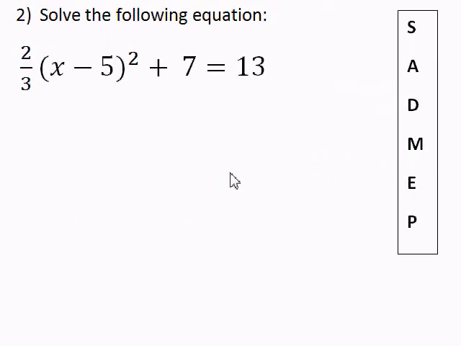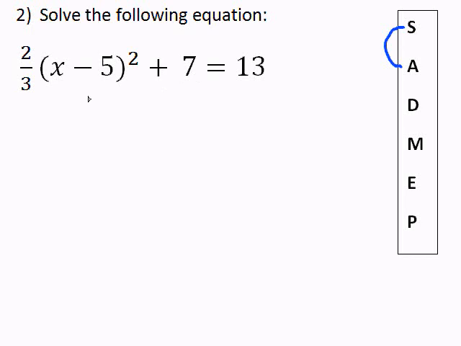Here's our second type of problem. Notice that we have a number inside the parentheses with the x. That's going to change the way we solve the problem from the previous one. Still the same order of operations. We're going to undo subtraction or addition first by doing the opposite operation. You'll notice there's a minus 5 in parentheses and a plus 7 outside the parentheses.